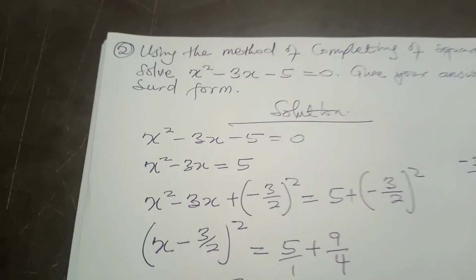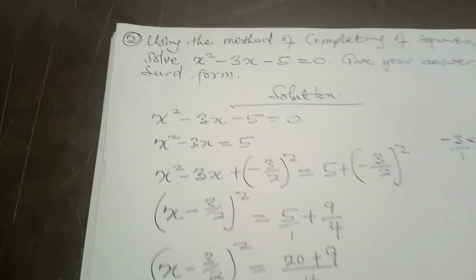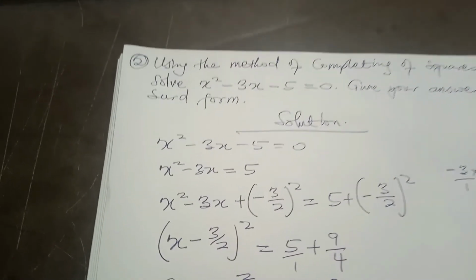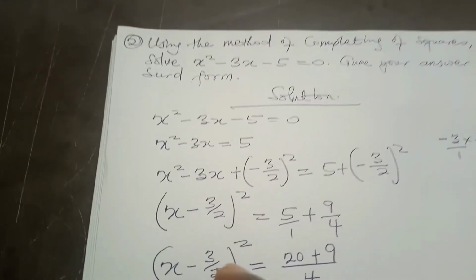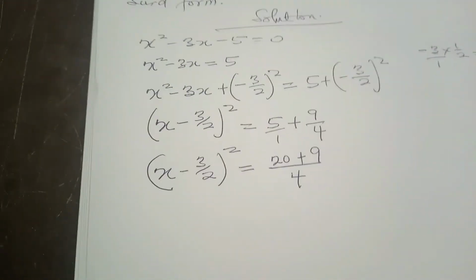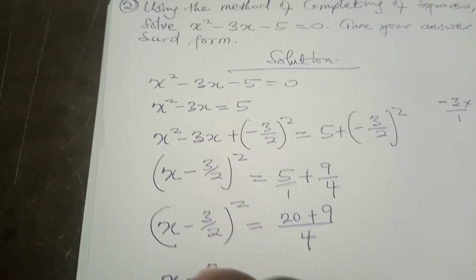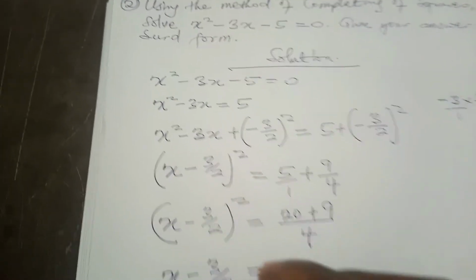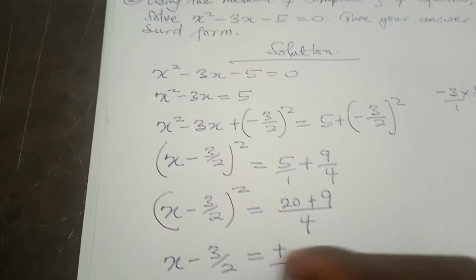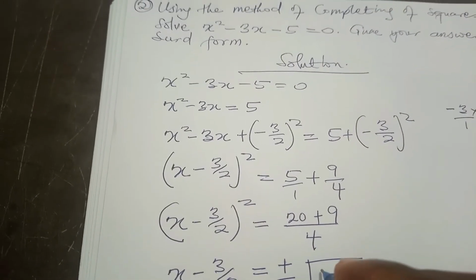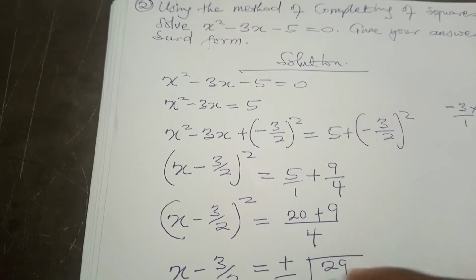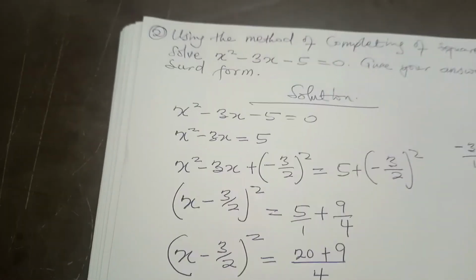Then this will be 9. We take the square root of both sides. The square root of this one will cancel the square. So we are going to have x minus 3 over 2 be equal to plus or minus the square root of 29 over 4.